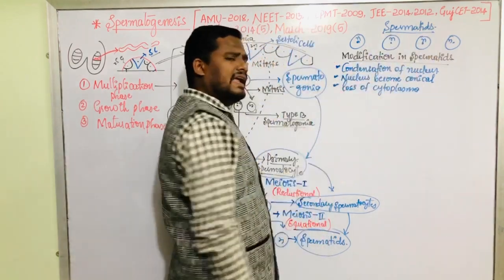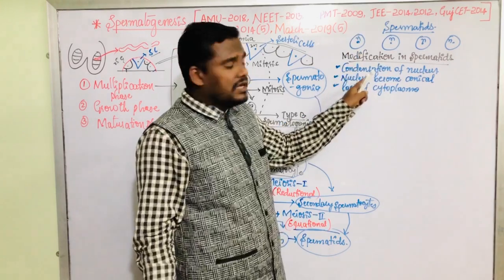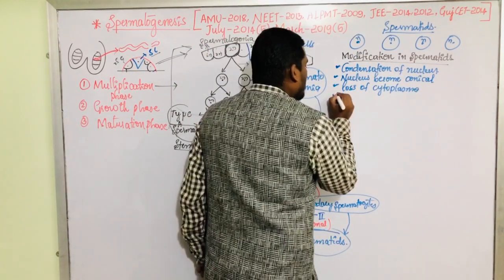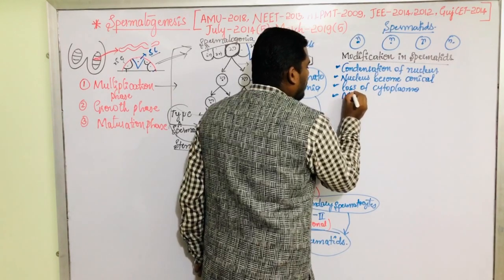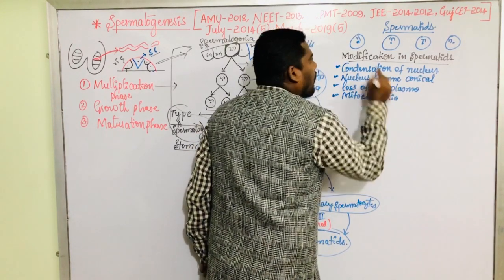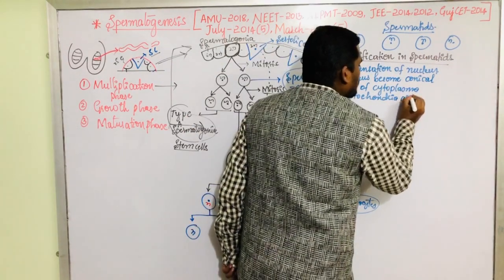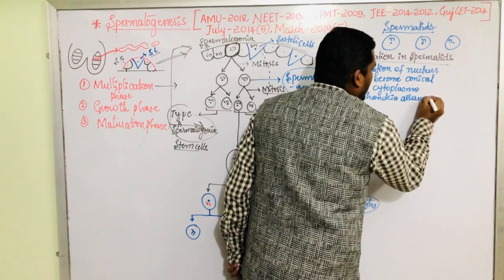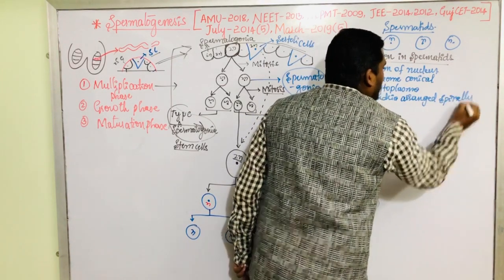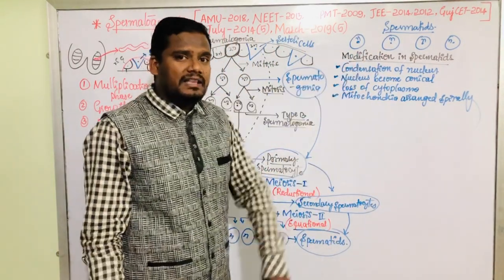All the 4 cells lose their cytoplasm, their nucleus becomes condensed and conical in shape, and the fourth change is that the mitochondria of all these 4 cells get arranged spirally inside these cells.